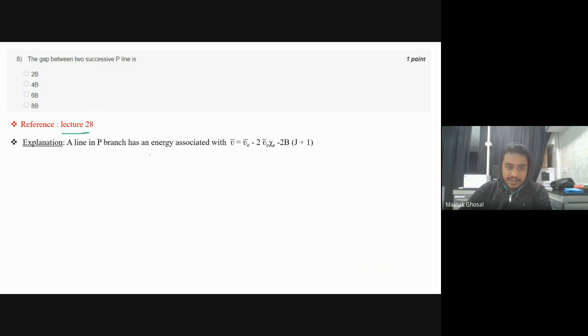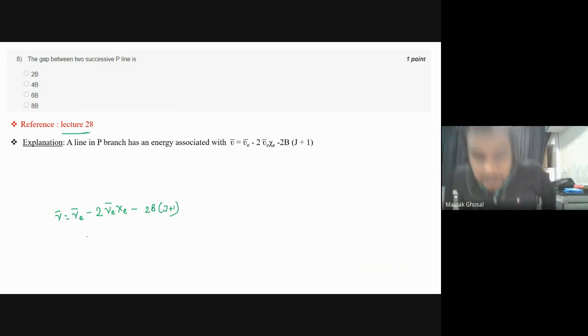So a line in the P branch has an energy given by nu bar E minus 2 nu bar E chi E minus 2B into J plus 1. Okay. So the next transition will be, suppose in one P branch line there is a transition from V equals 0 to V equals 1 state.